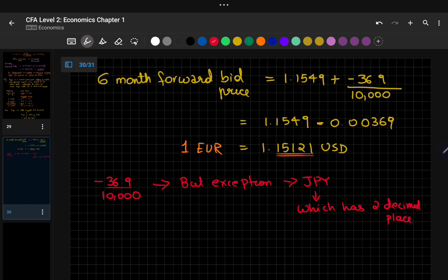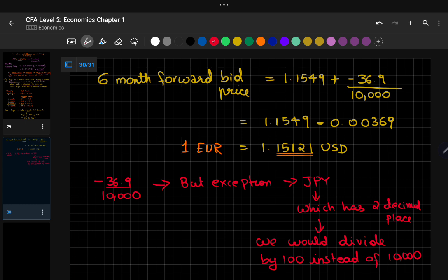In this case we would be dividing by 100 instead of 10,000.